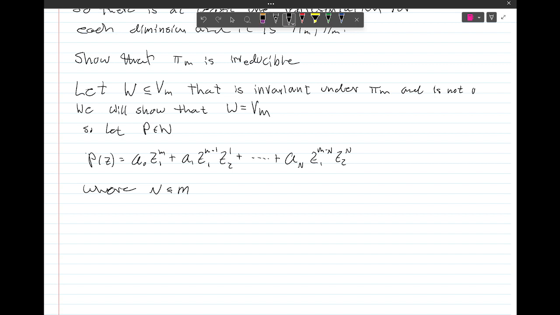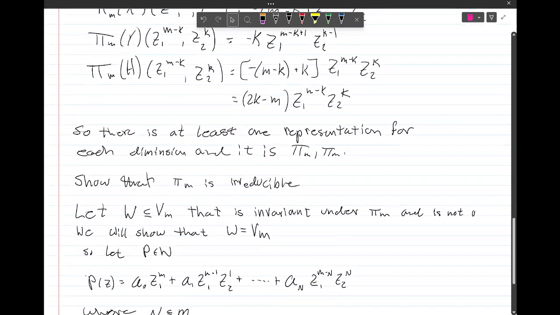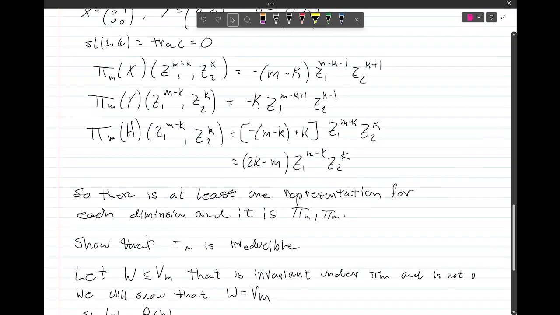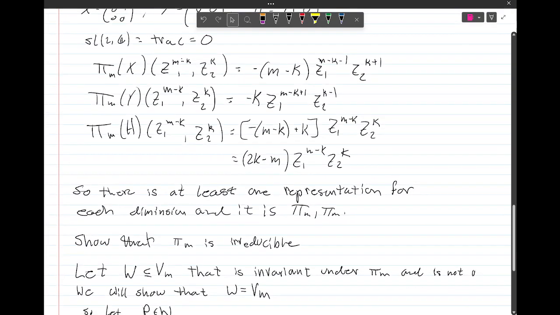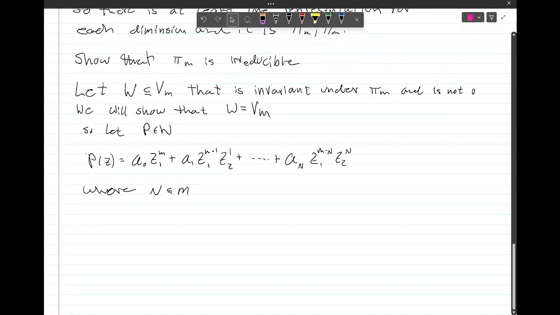So basically saying in this subspace there is some polynomial of largest degree with respect to z2. And then through repeated applications of, I believe, pi x, we can go all the way up this chain.